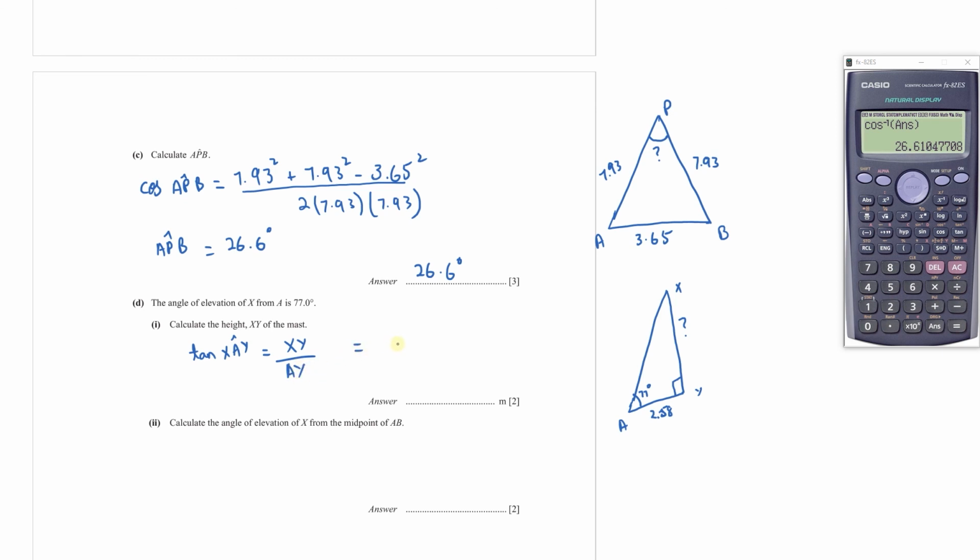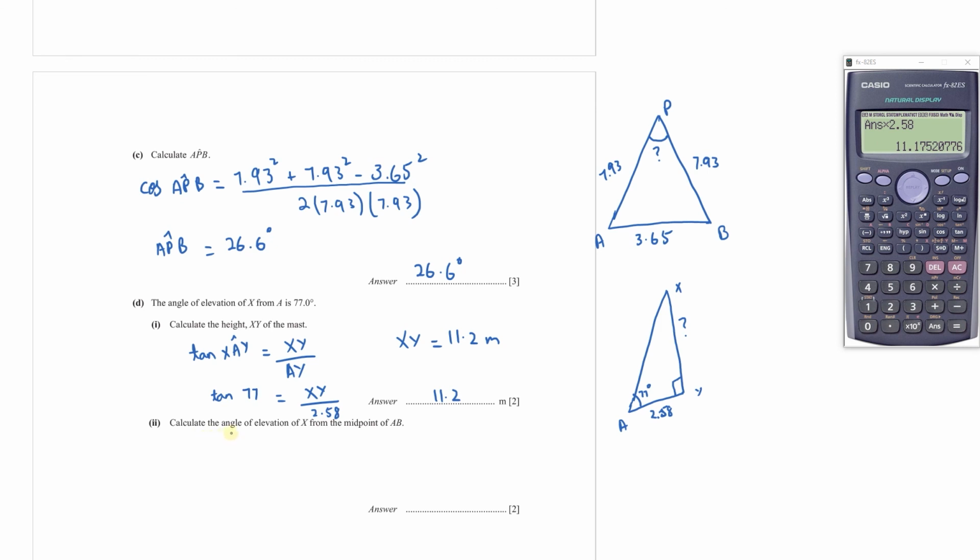So tan of 77 degrees equals XY, which is unknown, over AY, which is 2.58. So this will give you XY equals, let's calculate tan of 77 and then multiplied by 2.58. So XY comes out to be 11.175. So up to three significant figures, this will be 11.2 meters.